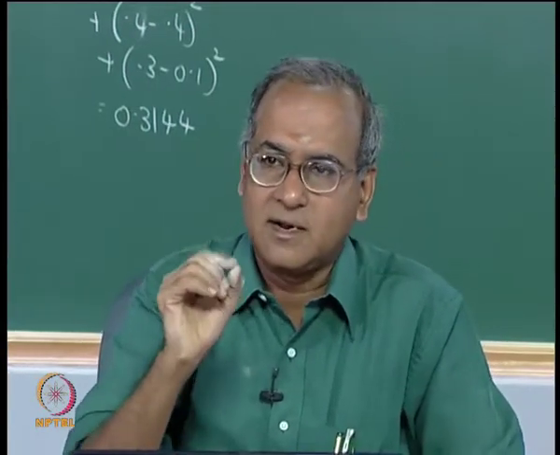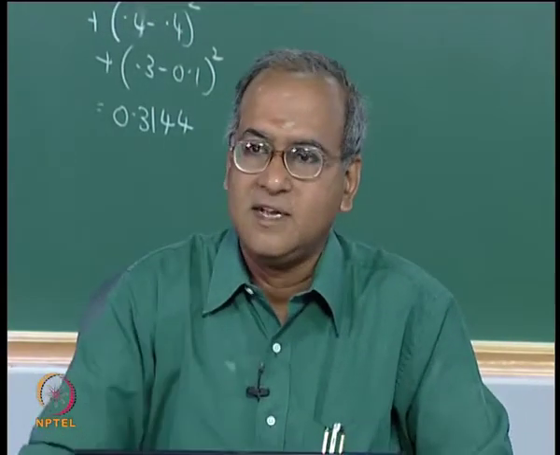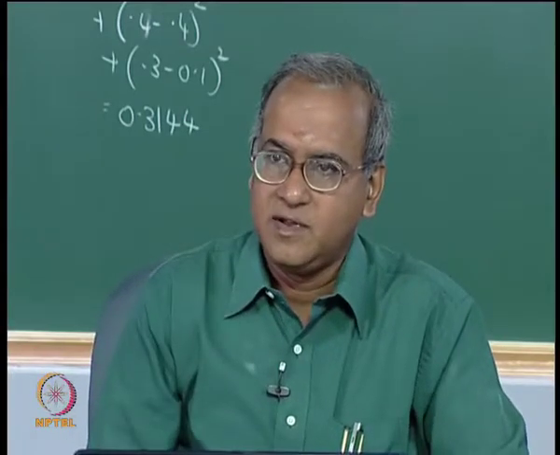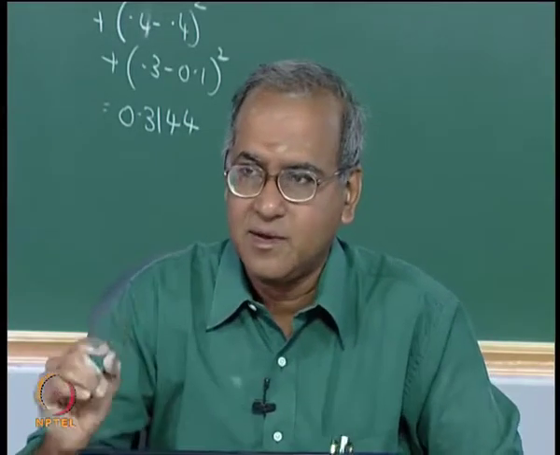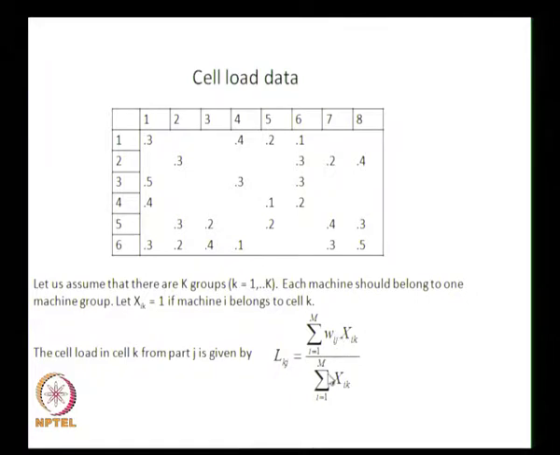The apparent disadvantage, which is an obvious disadvantage, is the fact that this problem is not a linear problem. This problem is quadratic because the objective function has a quadratic term. Wij is known, it is the workload, but Ljl depends on the xiks.